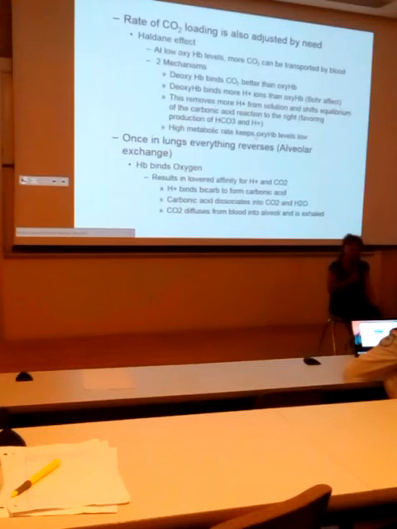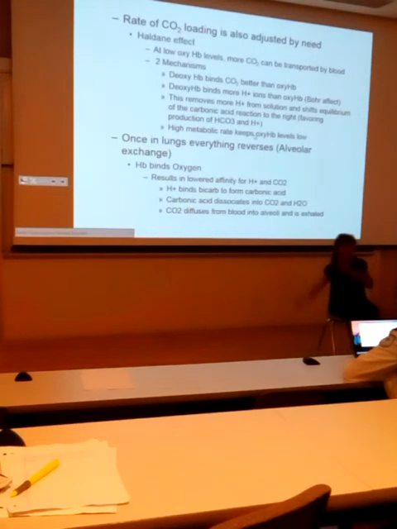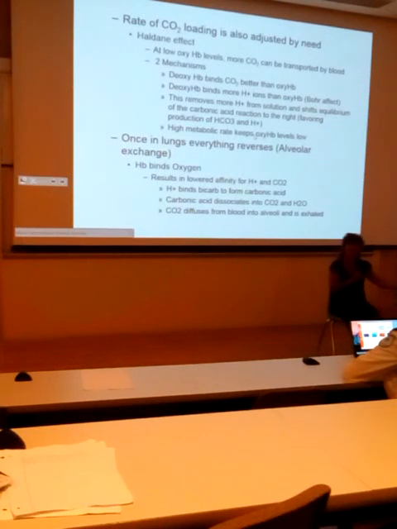All right, now we get to the lungs, right? And everything just goes in the reverse direction. So you get to the lungs, oxygen comes in, and hemoglobin binds that oxygen. As soon as it binds that oxygen, what does it do? It kicks off the CO2, it kicks off the hydrogen ion. The CO2 that it kicks off can immediately be exchanged across the alveoli, and the CO2 that was dissolved in the plasma can immediately be exchanged across the alveoli.